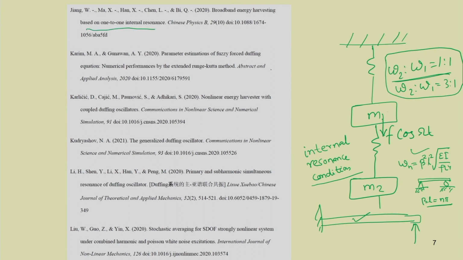You can see this next paper, parameter estimation of fuzzy forced Duffing equation, numerical performances by extended Runge-Kutta method. We have already discussed that you can solve these equations by numerical methods. The Runge-Kutta method, 4th order or 5th order, can easily be used to find the response of the system by numerically solving first order differential equations.